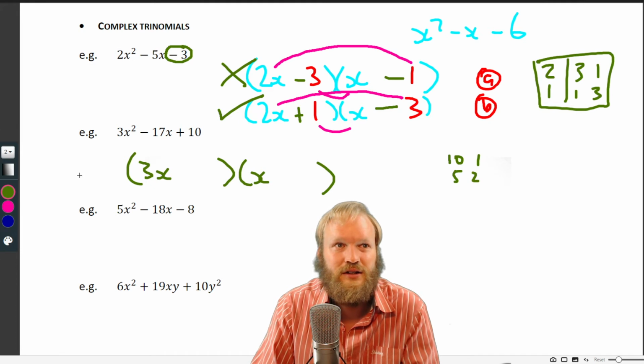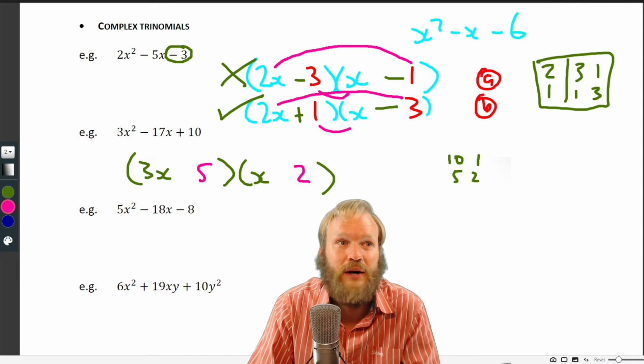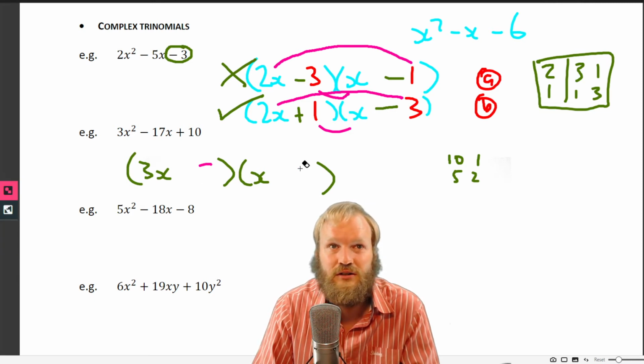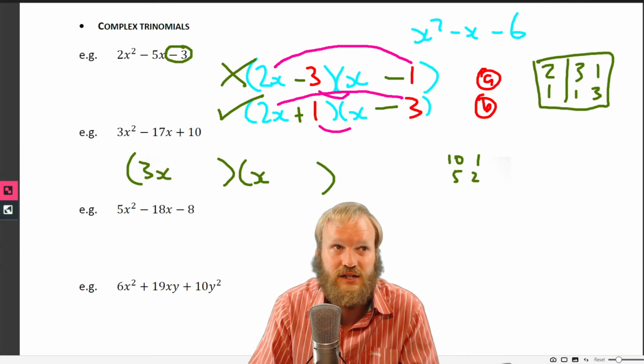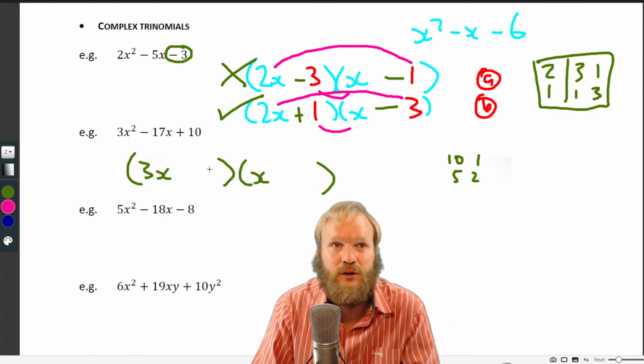Let's play through our options. If we had 5 and 2, then we'd have 6x and 5x, and there's no way we can combine that to get 17x. So let's put them the other way around, 2 and 5.